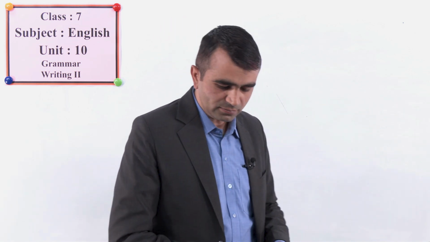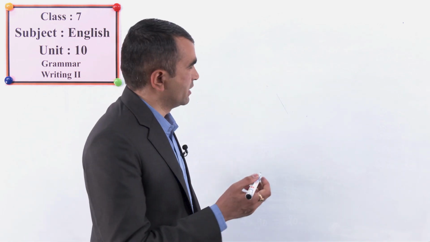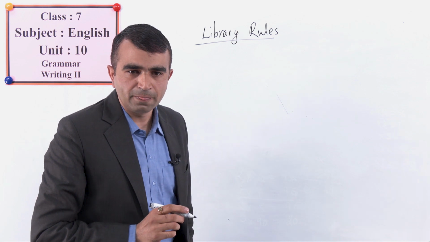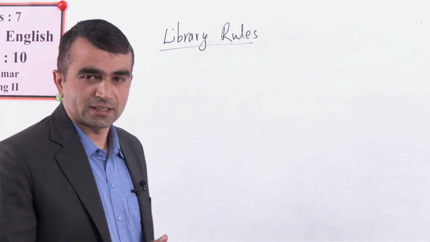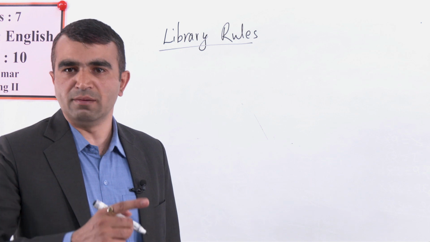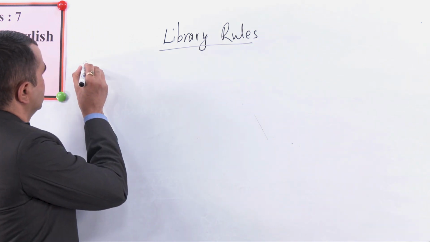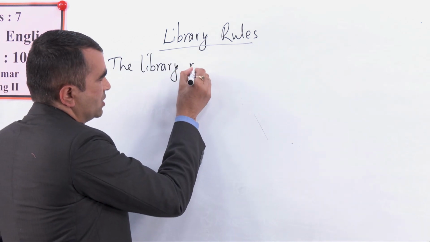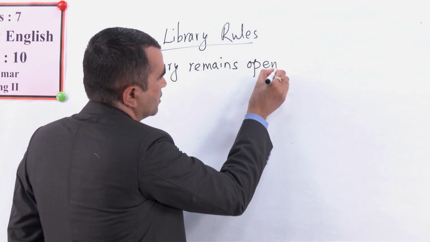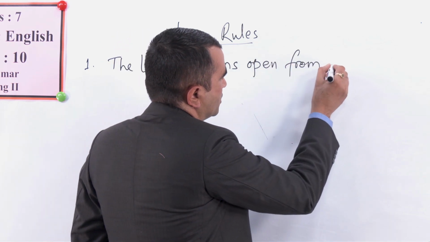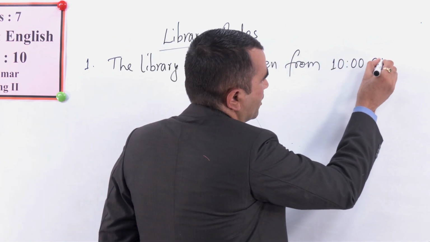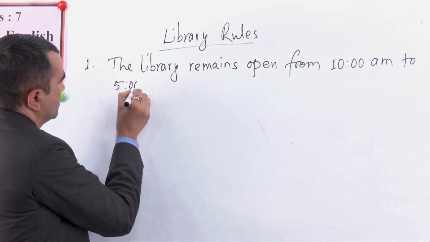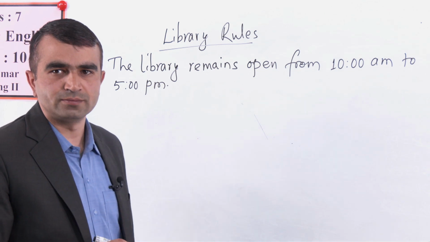Now on top write Library Rules. Okay, let's write them. Item number 1: the library remains open from 10 a.m. to 5 p.m. One rule.